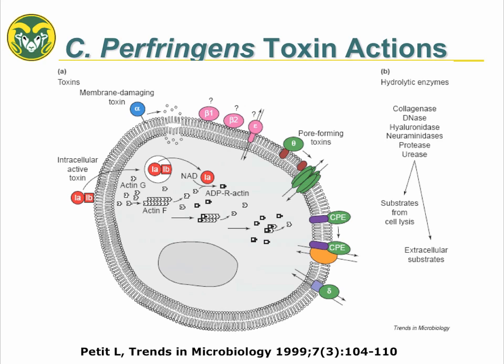Epsilon toxin, again, pore forming and electrolyte transfer in between. Theta toxins, also pore forming. Enterotoxin, disruption of the lipid bilayer. And then also the iota toxin, which gets internalized and causes disruption of the cytoskeleton inside the cell. So lots of things going on there.